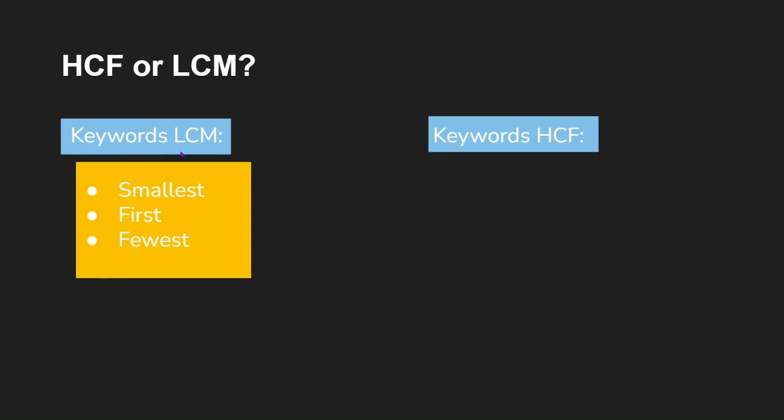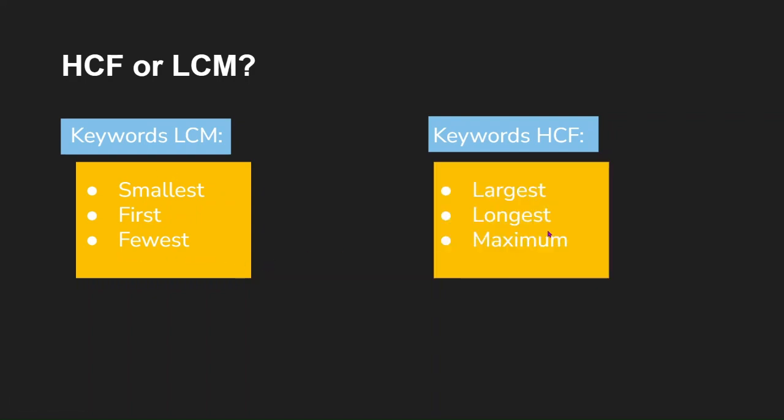We're looking for the lowest multiple of at least two numbers. So you're going to find these small words. When we think about the highest common factor, we often see words like largest, longest, or maximum because we're looking for the biggest possible factor between at least two different things.